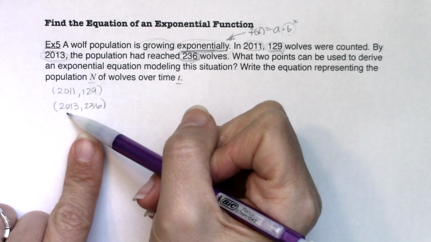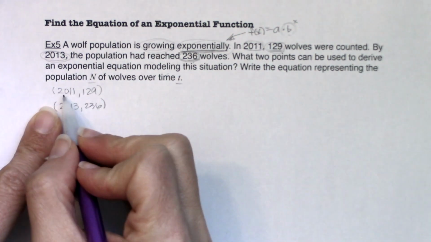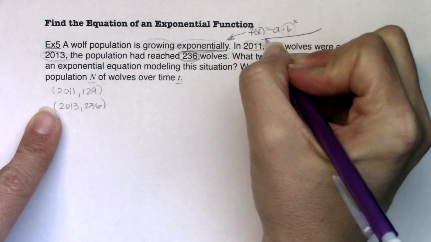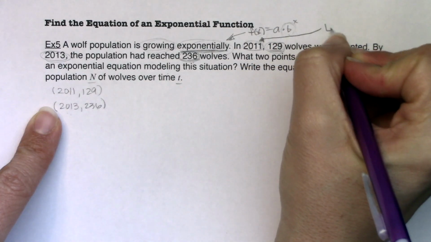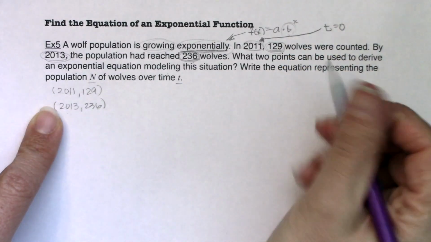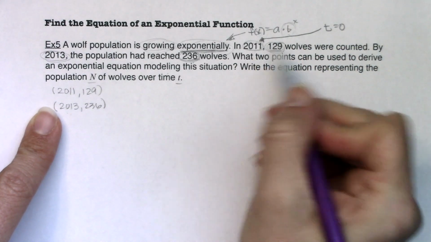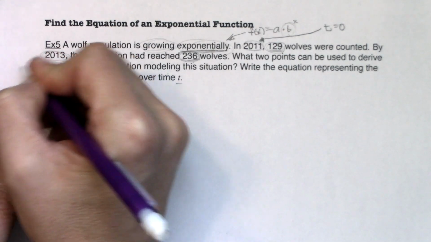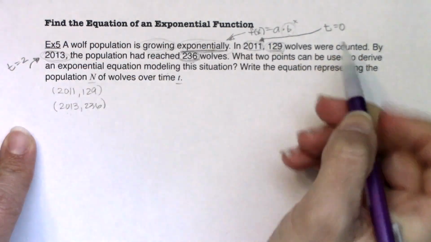So there's kind of like a hack we do in math where whatever your lowest year is, and in this case it's 2011, we set that year to 0. We say that is year 0. That's our origin story. And if 2011 is year 0, then 2013 is year 2 because it's 2 years later, right?